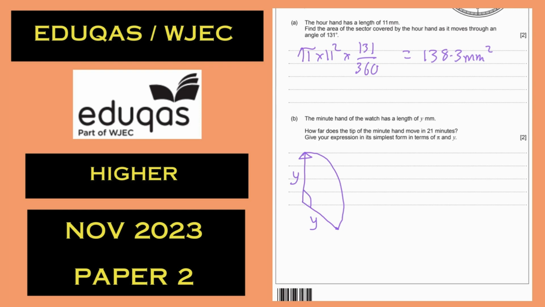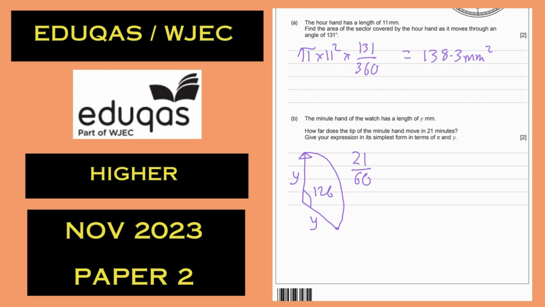In an hour it will go all the way around, because it's a minute hand. With a minute hand, in 60 minutes, it travels 360 degrees. So in 21 minutes, it travels 21 60ths. Or you could scale it up, obviously, 126 360ths. That would be your angle.